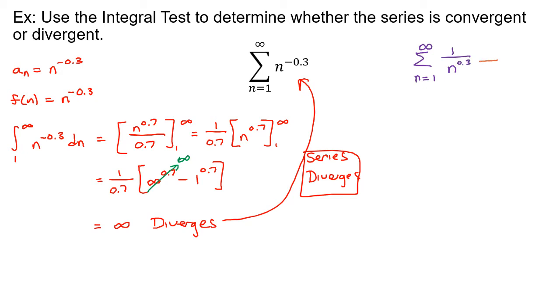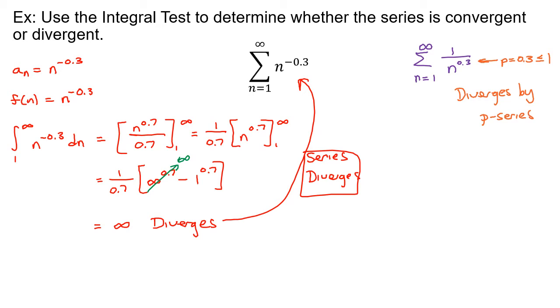That 0.3 right there is your power, which would be less than or equal to 1. Anything less than or equal to 1 makes that series diverge. So this diverges by the p-series comparison.